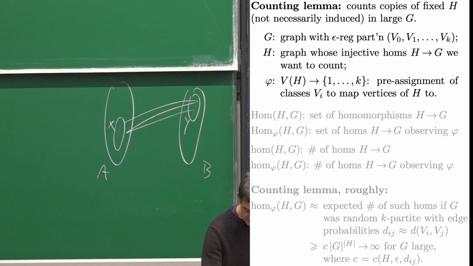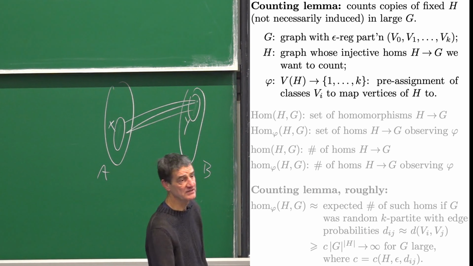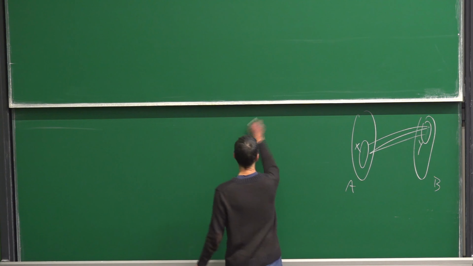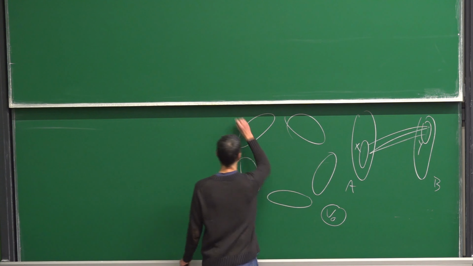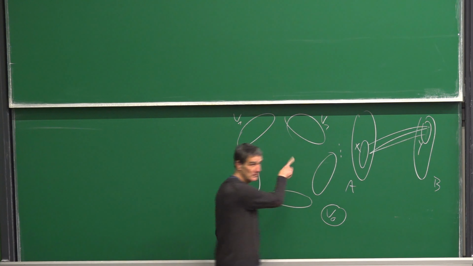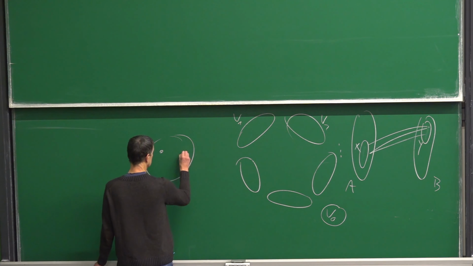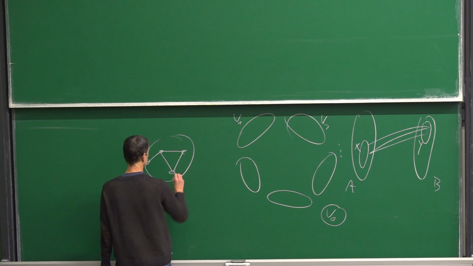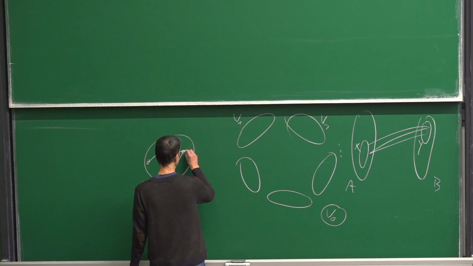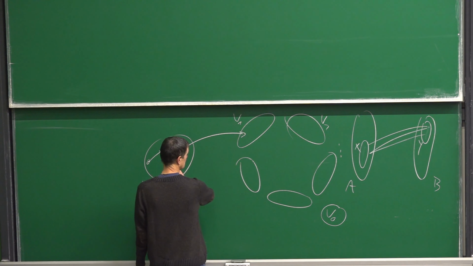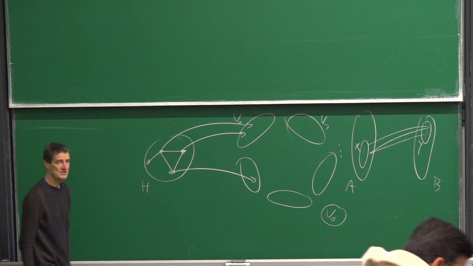And as in the proof of the blow-up lemma, we fix target partition classes for the vertices of H. So remember that when G has these partition classes, and our G's always come with an epsilon regular partition, then H should map to G in such a way that the vertices are mapped to partition classes that we specify in advance.